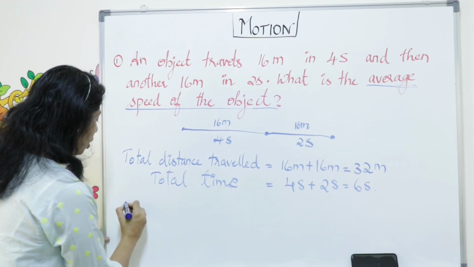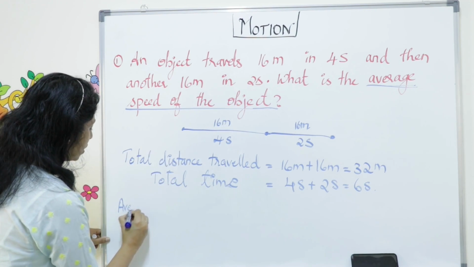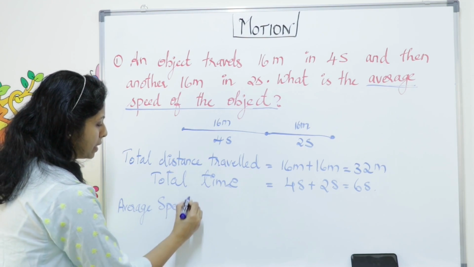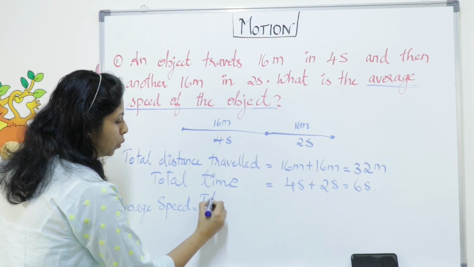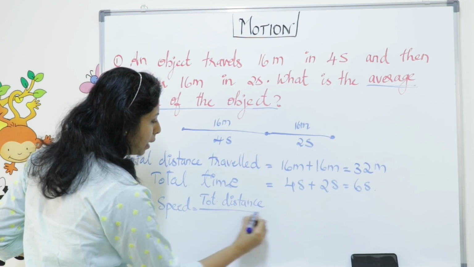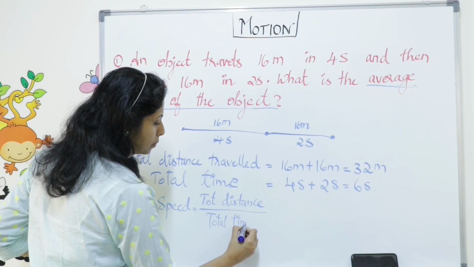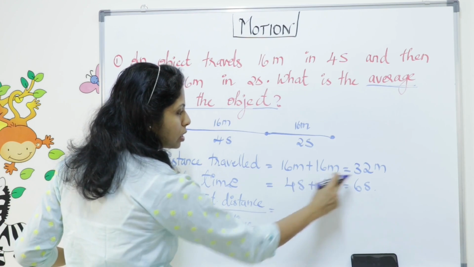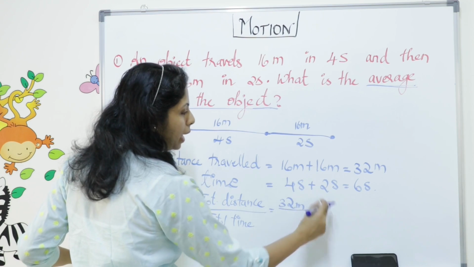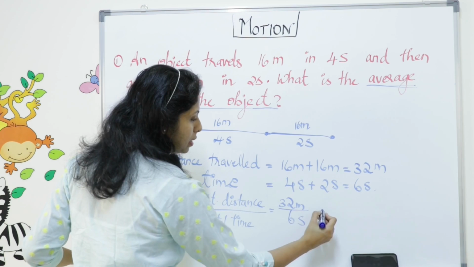And by the formula, what is average speed? Average speed is equal to total distance by total time, which is nothing but, what is the total distance? 32 meters by total time 6 seconds.